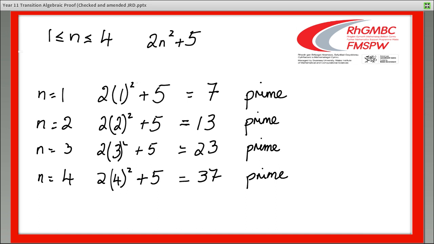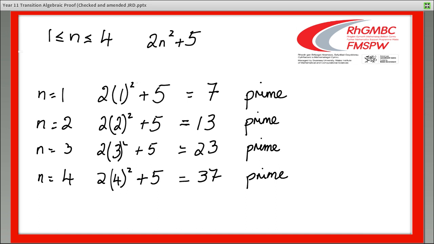So 2n squared plus 5, where n is any number between or including 1 and 4, it's prime. If you notice, they've limited it. I would imagine the reason for that is, one, it's time consuming to work through any more, and secondly, you're going to come to a stage where, strangely enough, it doesn't work.